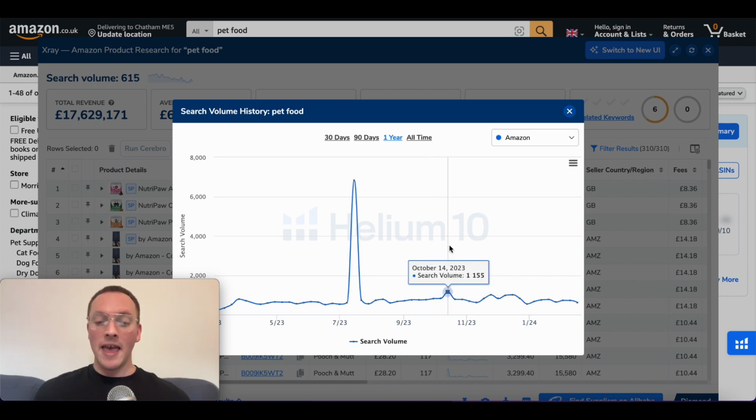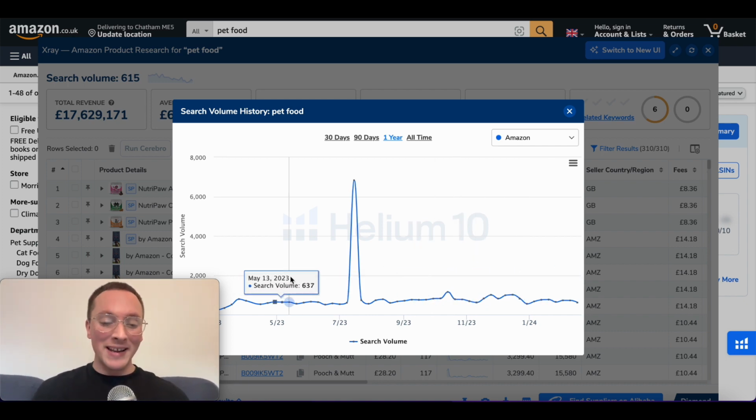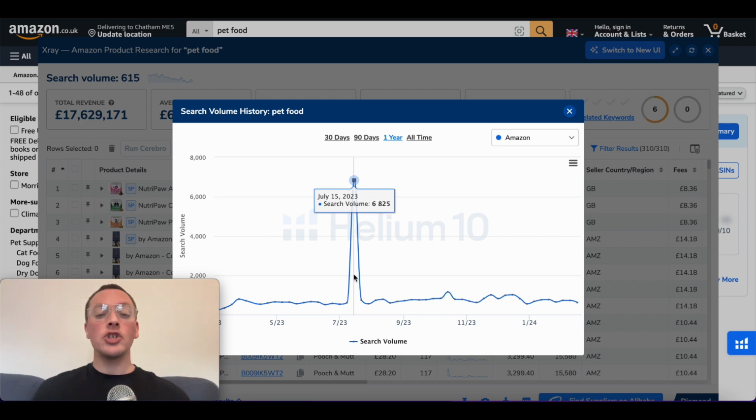It spikes there in October, 1,155, goes over 1,000 there. I would say Q4, September, October, November, December, end of Q3, whole of Q4 it seems to be selling more, but generally as a whole it's a pretty average selling product, around 600 to 700 the search volume, but in July there's a huge spike.